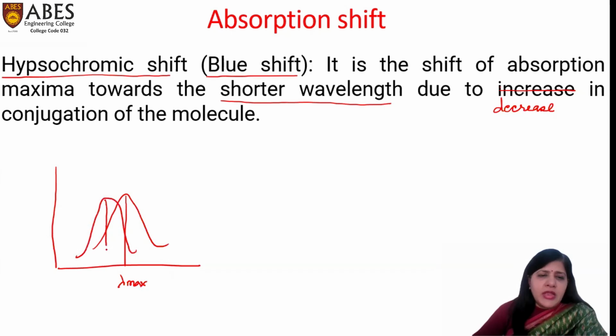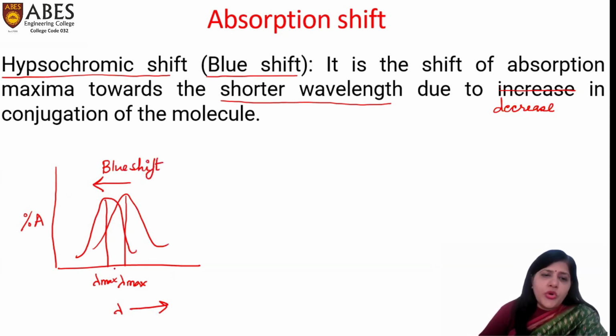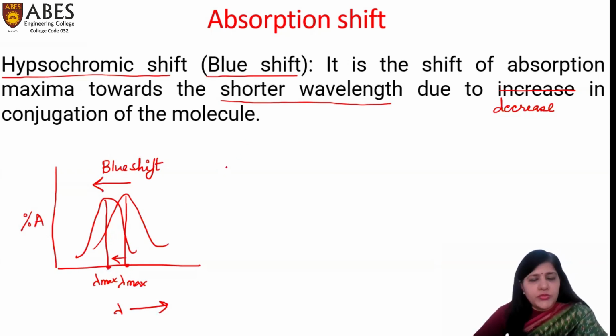Now the lambda max is shifted towards the shorter wavelength. This is blue shift, and it occurs when there is decrease in conjugation of the molecule.